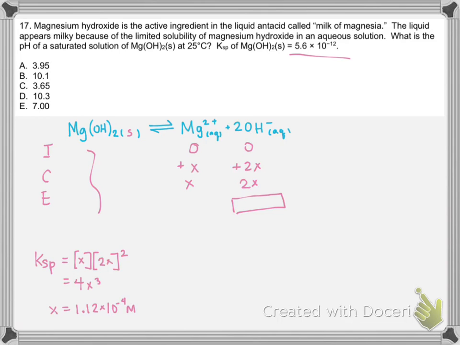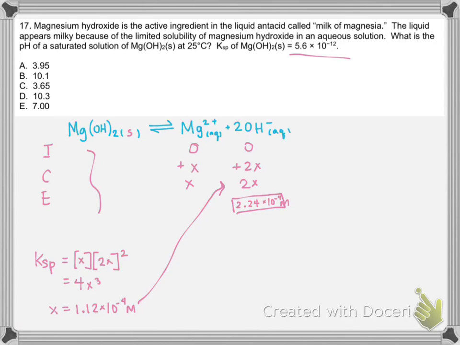Okay, but we don't want just that number. We want to convert this to our hydroxide concentration. So we're going to have to multiply it by 2. We'll say our equilibrium hydroxide concentration is 2.24 times 10 to the negative 4th molar.